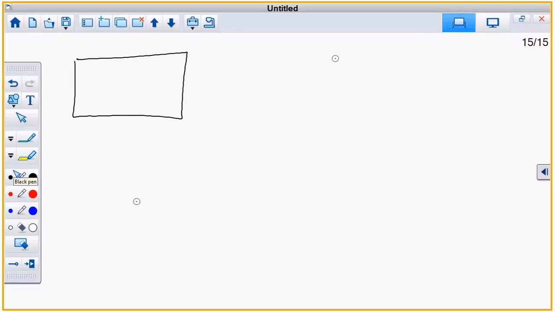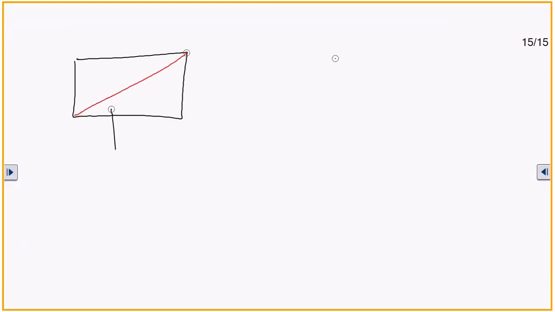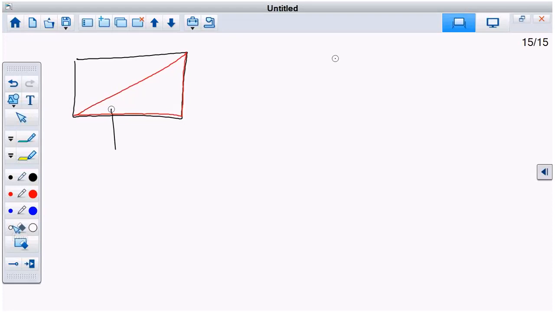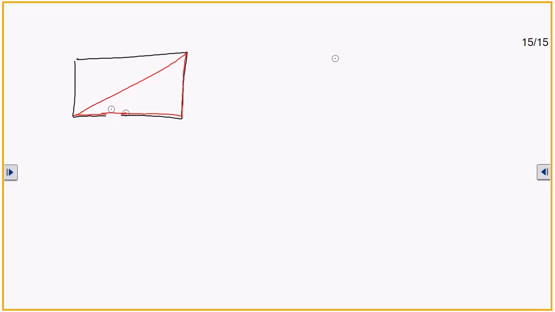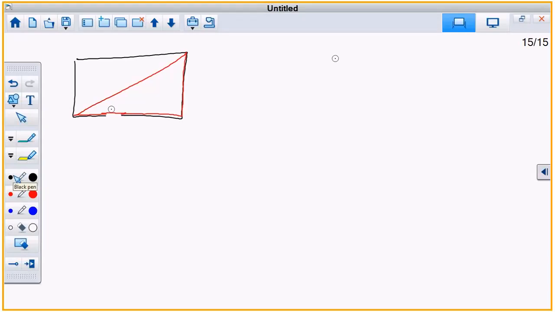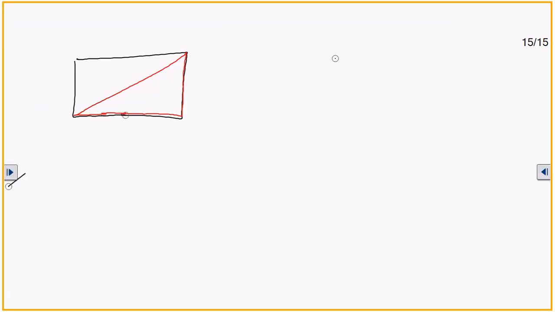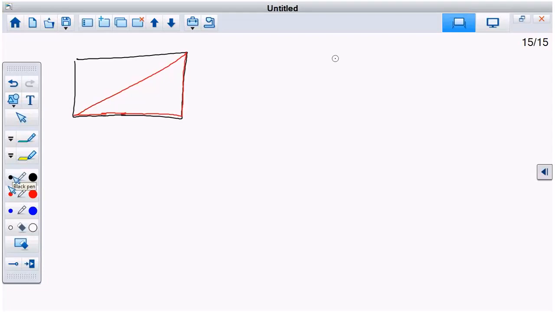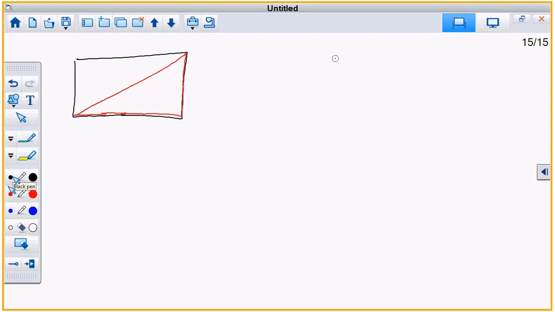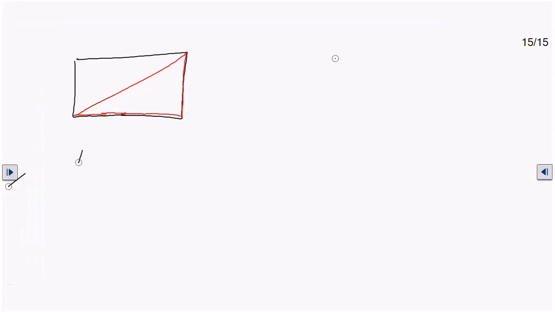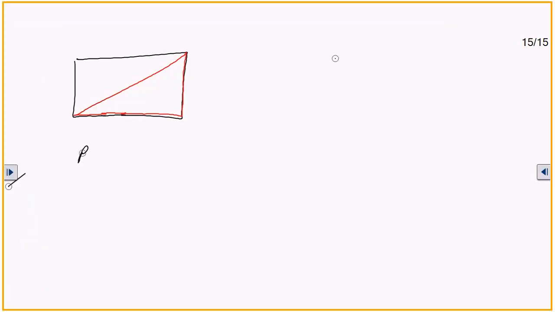So if I take half of that, if I draw a line right here, then technically a triangle is half of a what? A rectangle. So if a triangle is half a rectangle, then technically half of the area of a rectangle is the area of a triangle.